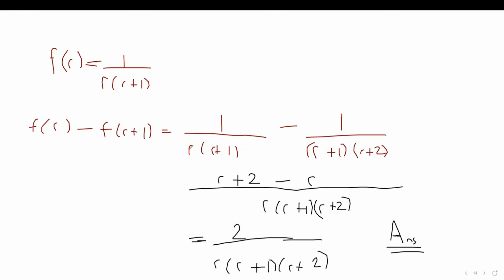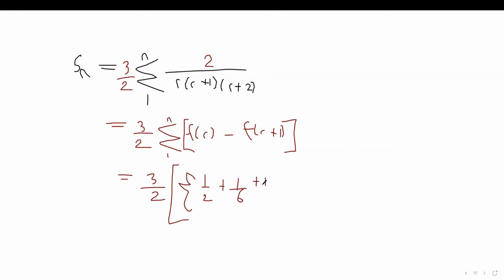Plug in r as 3, it's 3 times 4, which is 12, so plus 1 over 12. I'm going to keep on doing that till we plug in r as n, and get 1 over n times n plus 1. Then we close up that bracket.